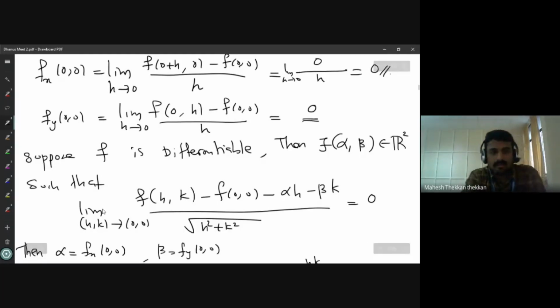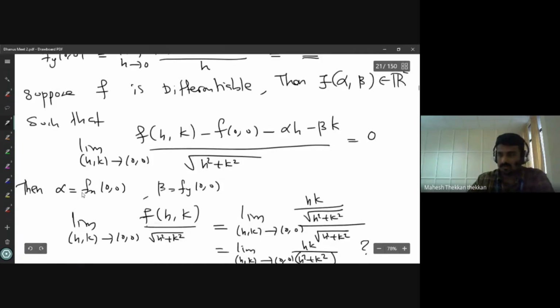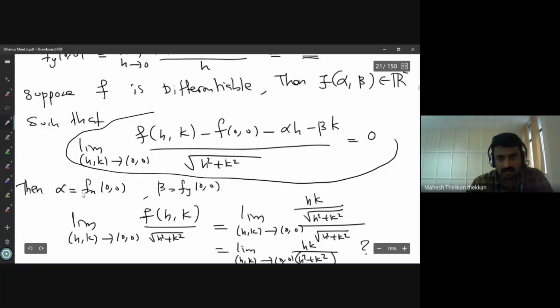So I can explain this once more. Suppose f is differentiable, then there exist alpha and beta in R2 such that this relation holds. So there must exist some alpha, beta satisfying this relation.